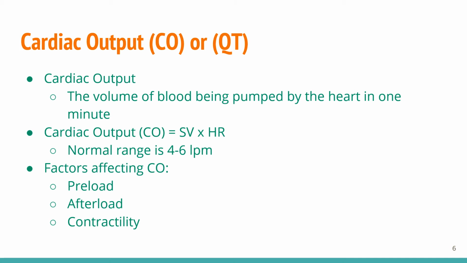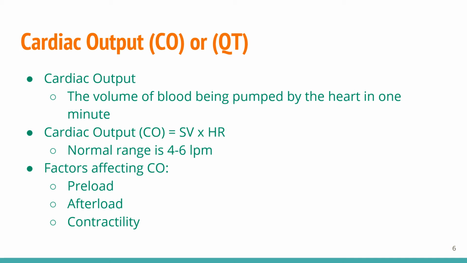And then the contractility is the actual strength of the contraction, the ability that the muscle has to contract. So it's obviously important to keep the vessels open and your coronary circulation healthy, so that the strength of your muscle is in good shape.